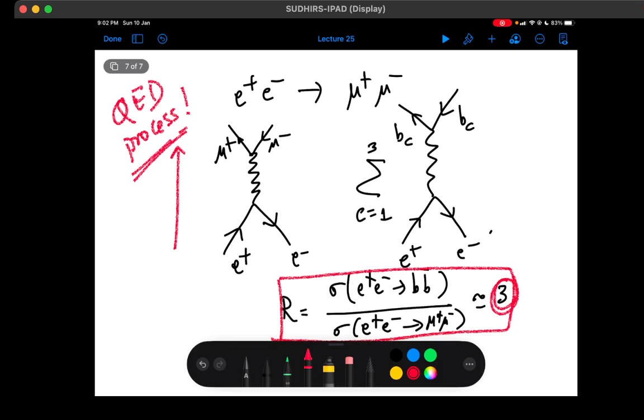The color factor is one of the important ingredients to increase the cross section compared to a purely leptonic process, QED process only.